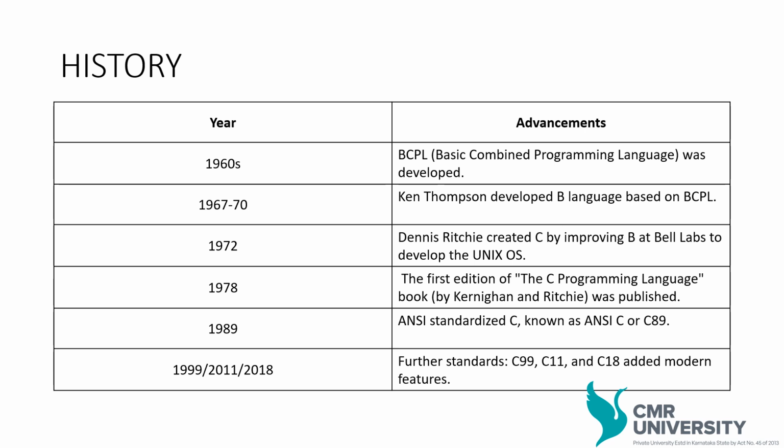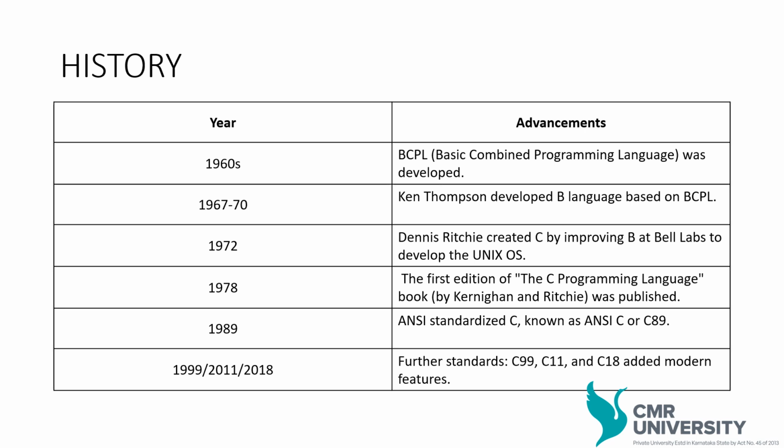In 1972, Dennis Ritchie created C by improving B. So, C language is the advanced version of B language. C language was developed to develop Unix operating systems.